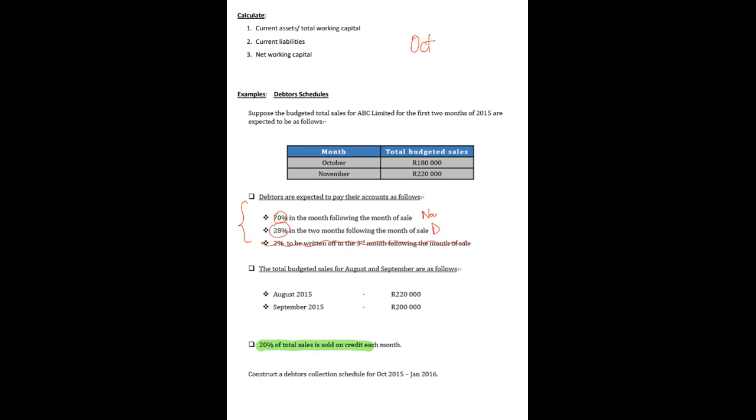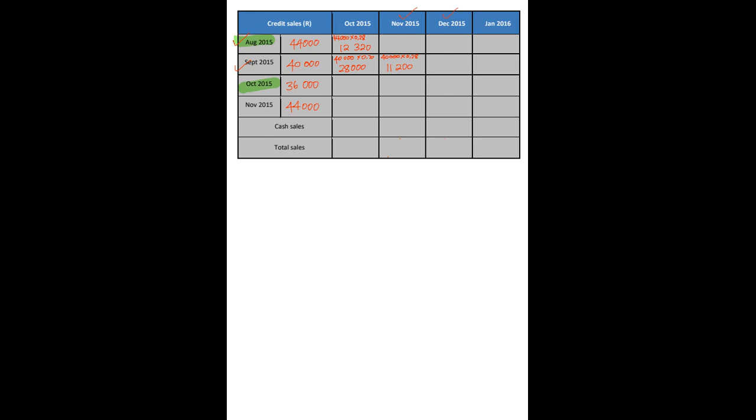Here's November, here's December. November is 70%, so you'll take the 36,000 times 70%. For December, it's the 36,000 times 28%. So that's 25,200 in the month of November and 10,080 in the month of December.